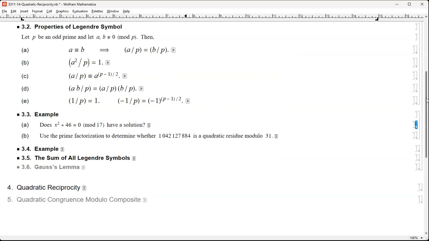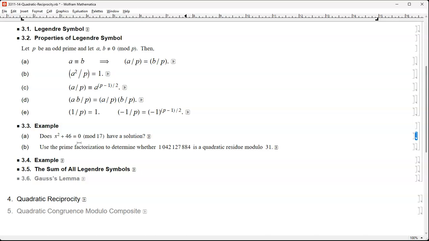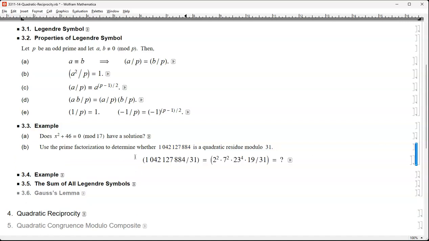So I created another problem. Use the prime factorization to determine whether this number is a quadratic residue modulo 31. And of course, I didn't ask you to do the prime factorization. I gave you that. So 2 squared times 7 squared times 23 to the 4th power times 19 over 31. How do you work?